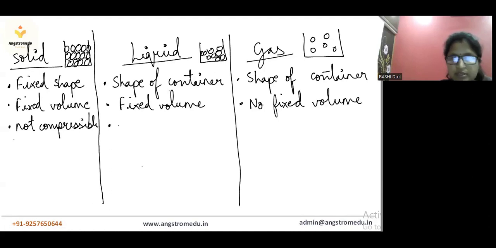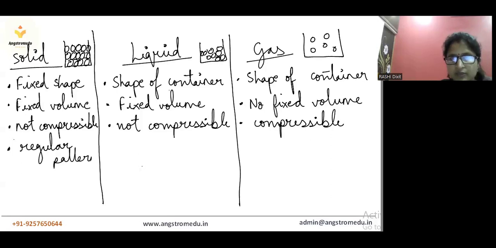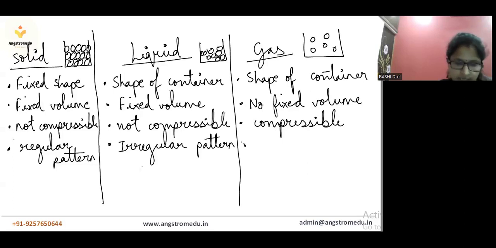Liquids are also not compressible, and gases are easily compressible, right? Next, they have a regular pattern. Solids have a regular pattern, liquids have an irregular pattern, and gases have no pattern, a random arrangement of particles.